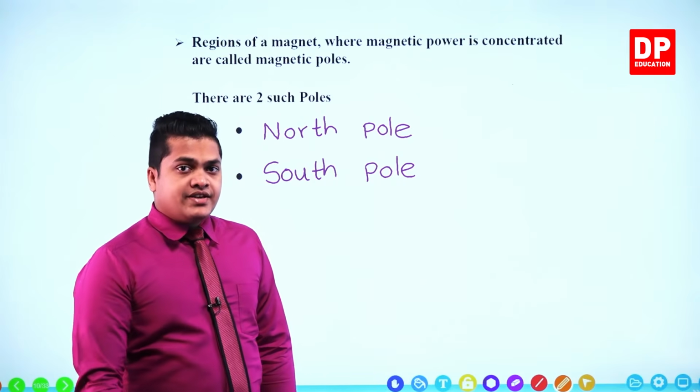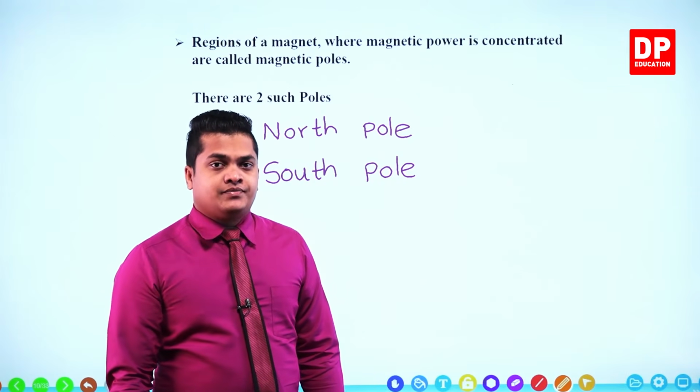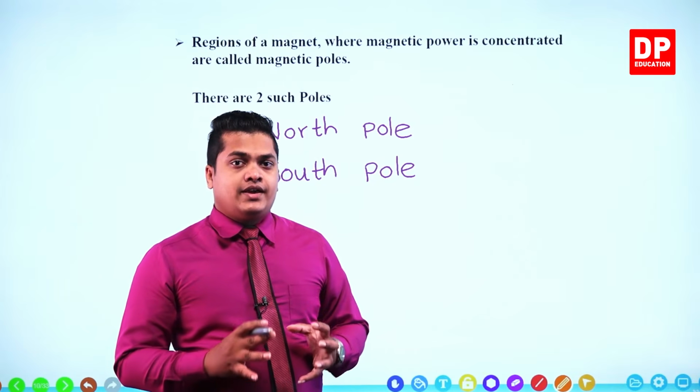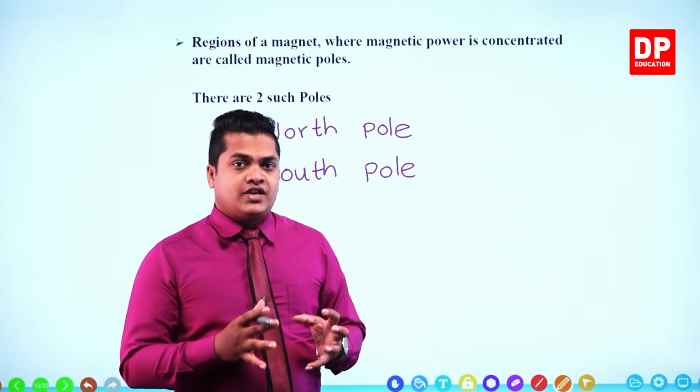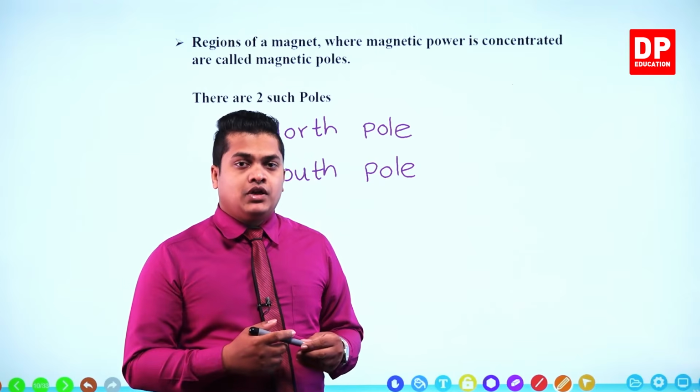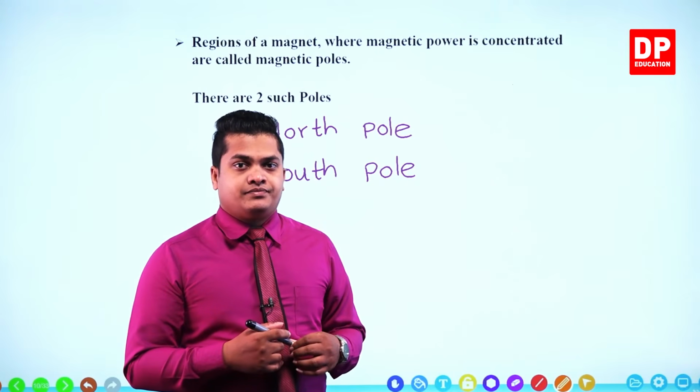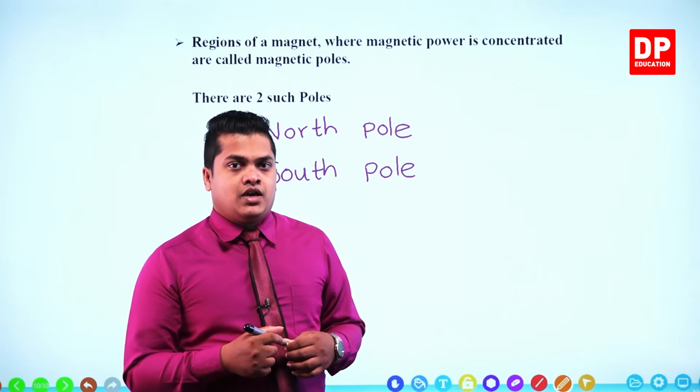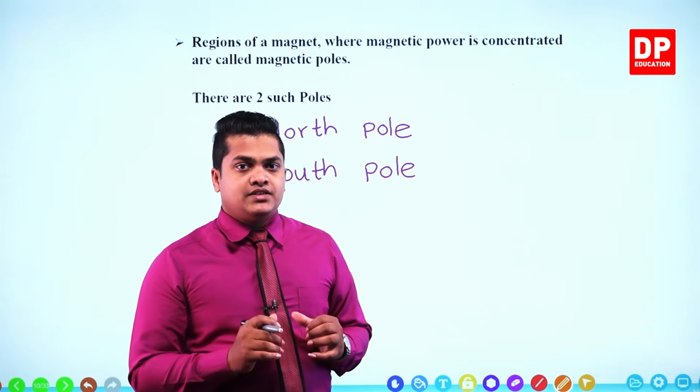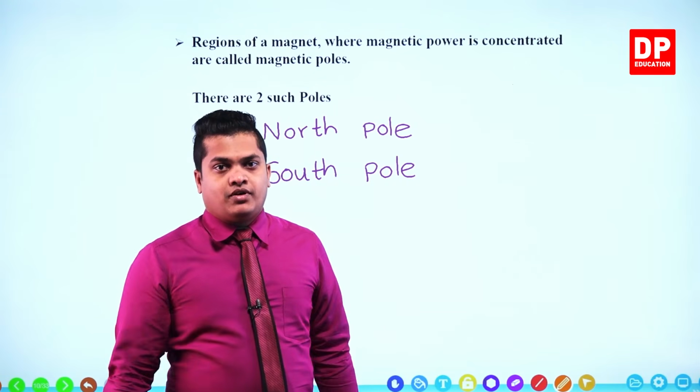So these are the magnetic poles in a magnet. Magnetic poles are the regions which have the most magnetic power, or the most magnetism.